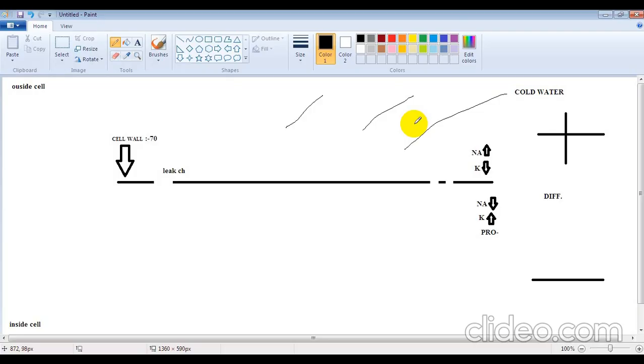Now, according to what we said before about the law of diffusion, that a substance moves from high concentration to low concentration, when this mechanically gated channel opens, sodium enters the cell through it.